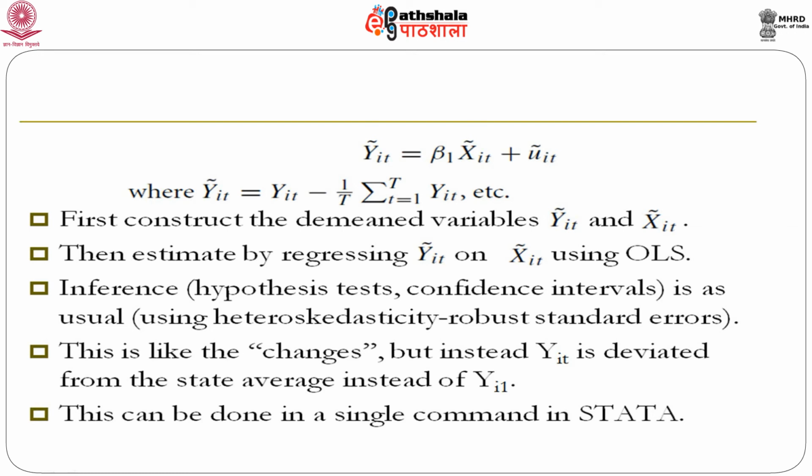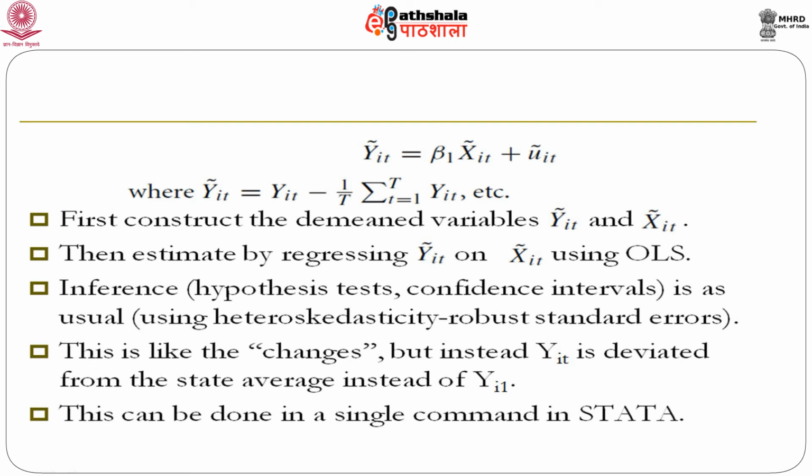So, here the idea is to first construct this variable, and from this estimate the regression of y tilde on x tilde by OLS, and then do inference, tests of hypothesis, and confidence intervals as usual using heteroscedasticity-robust standard errors.